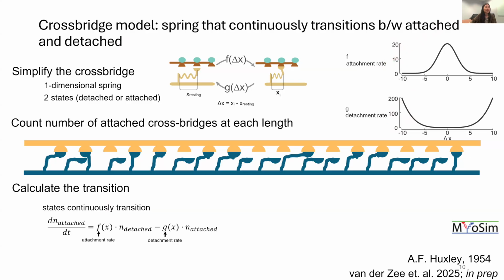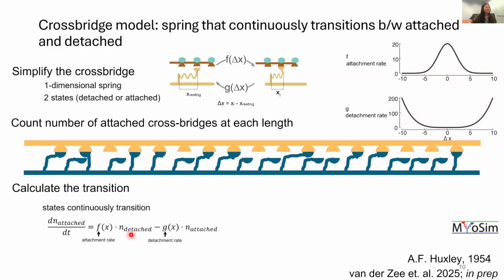Here are the attachment rate and detachment rate, and you can see that they are functions of the cross-bridge length. What it says is that when you are near zero, you have the highest probability of being attached. When you are pulled away from the resting state, the probability of losing the connection or getting detached increases.